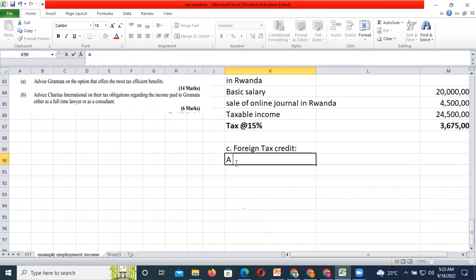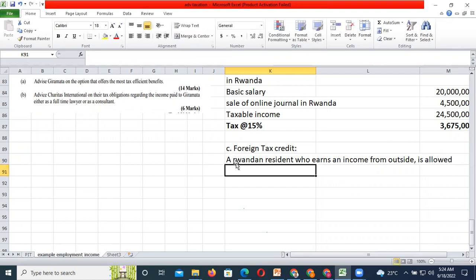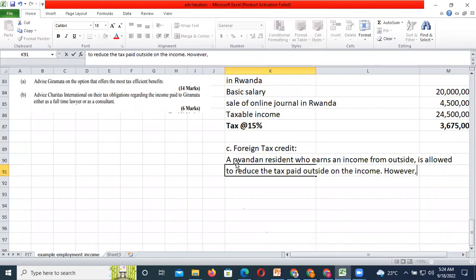So a Rwandan resident who earns an income from outside is allowed to reduce the tax paid outside on the same income.